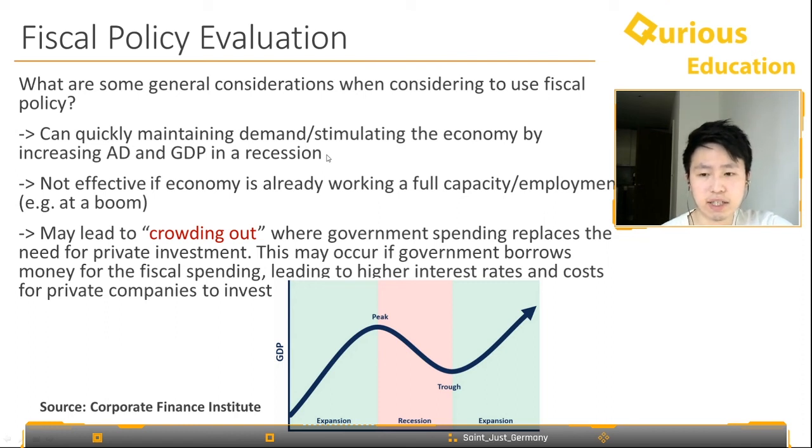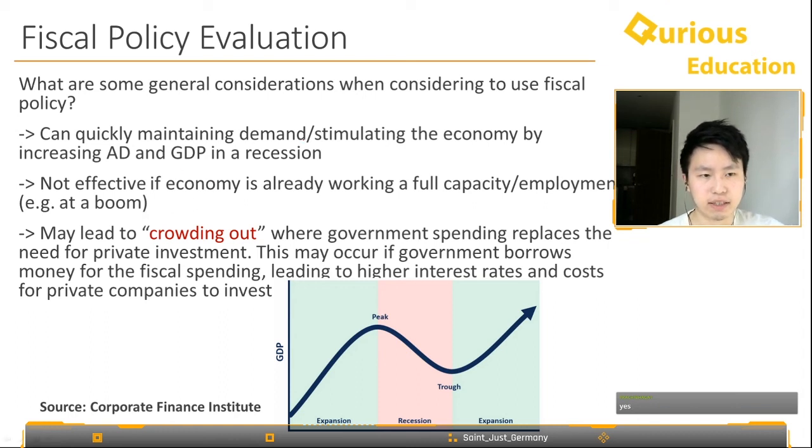Fiscal policy is good in the sense that it can be quite targeted, so we can focus it on a particular industry or a particular type of spending. Compared to other policies, though, it might not be as flexible.